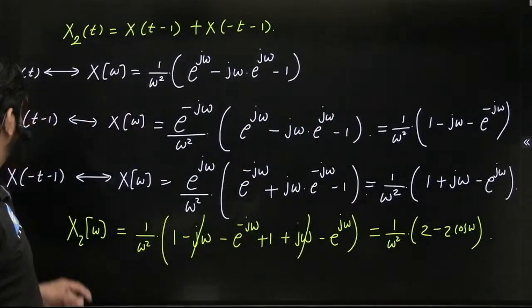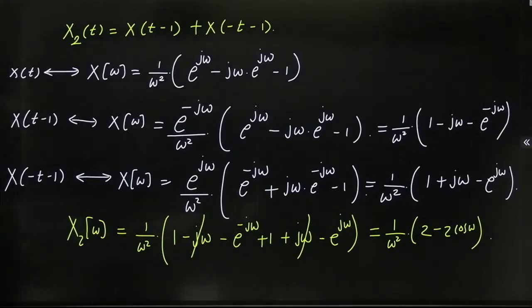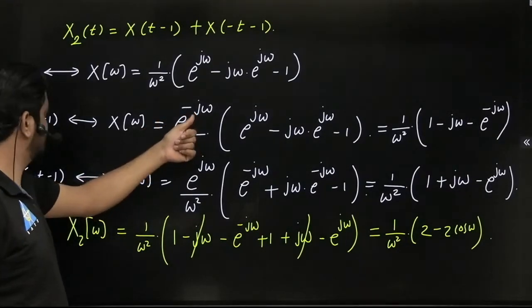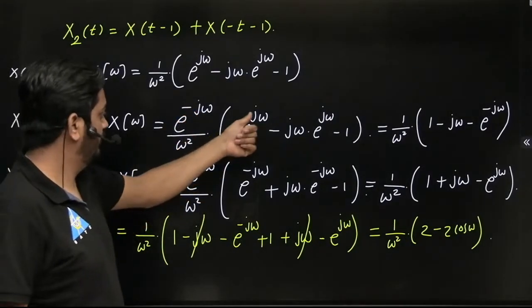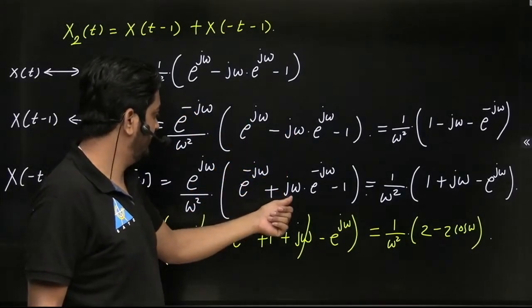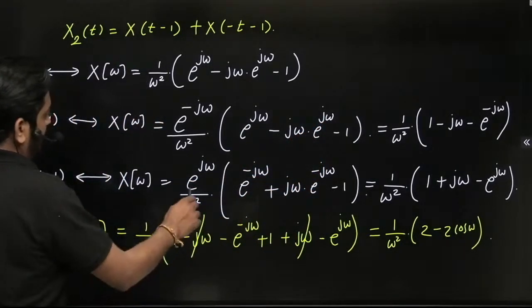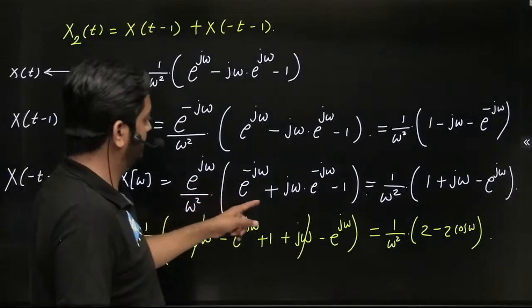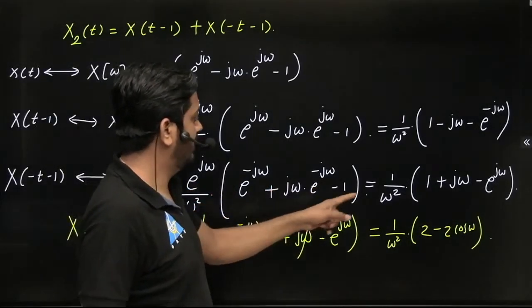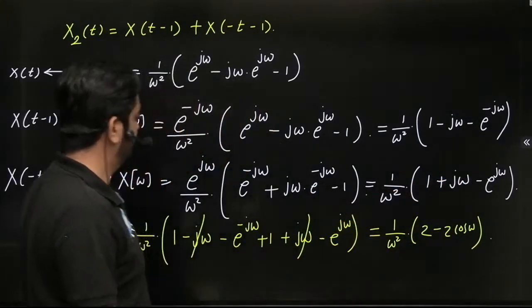Then for minus t minus 1, omega becomes minus omega. So here in this answer omega becomes minus omega, and here also omega becomes minus omega. And if you multiply this, that is 1 plus j omega minus e power j omega.